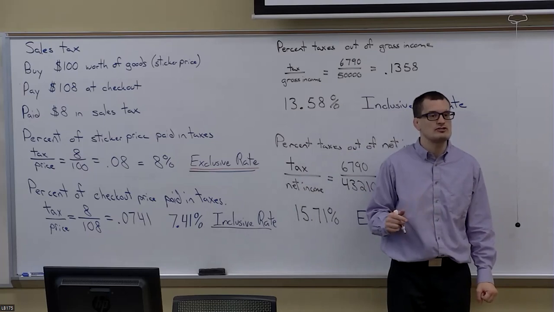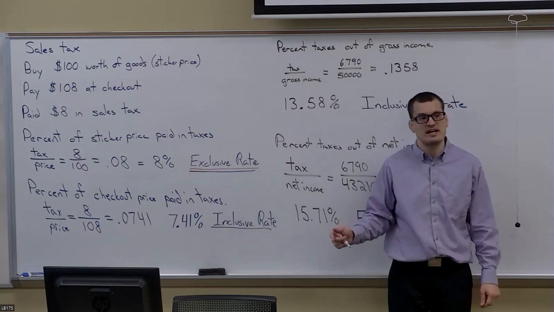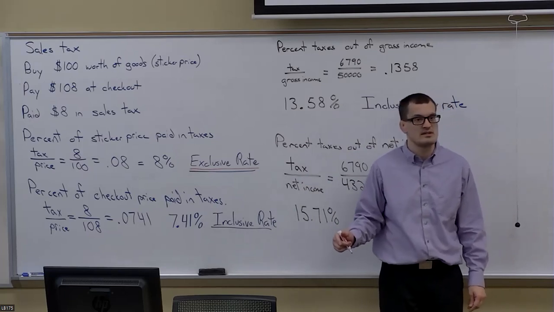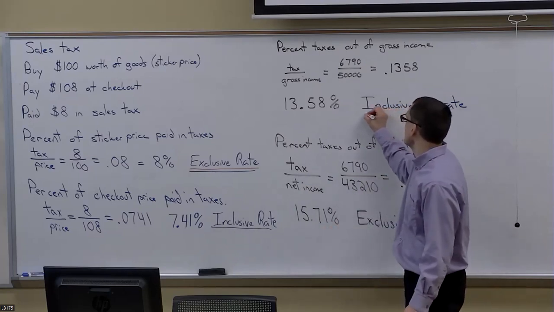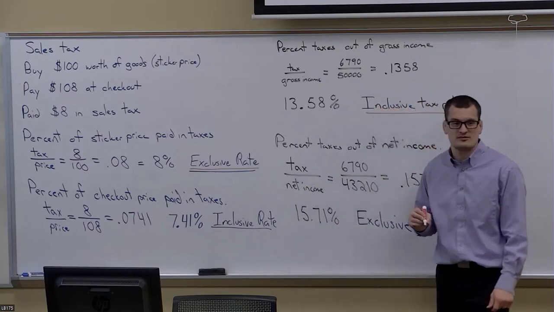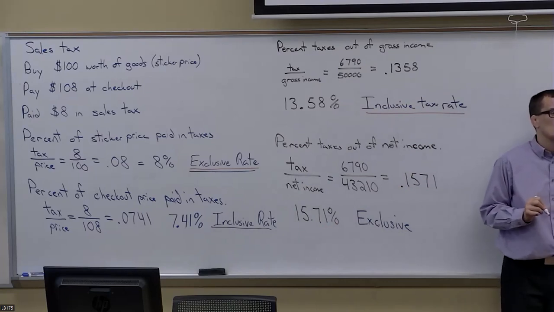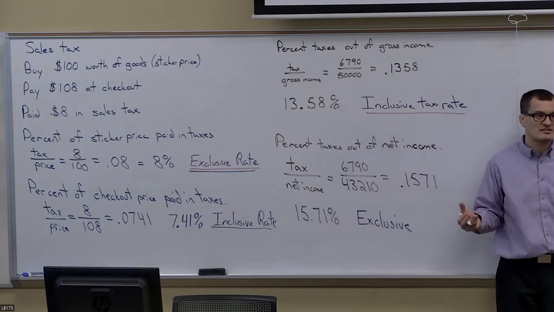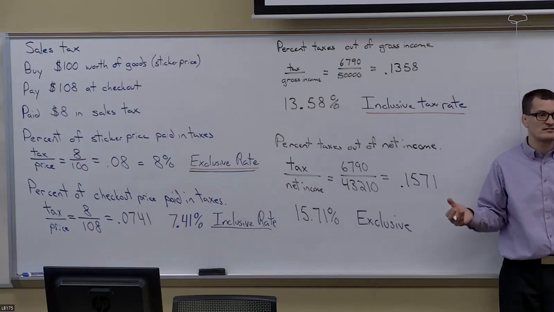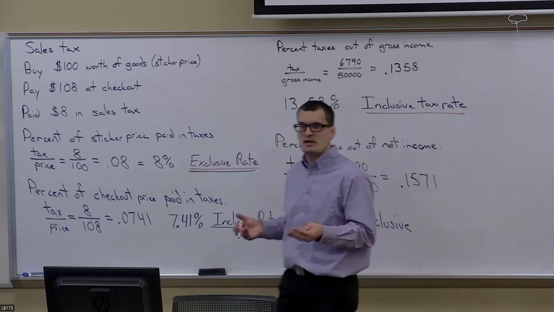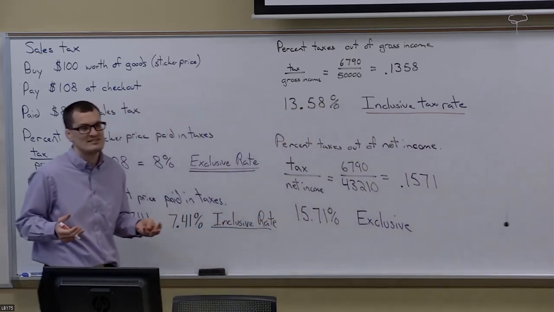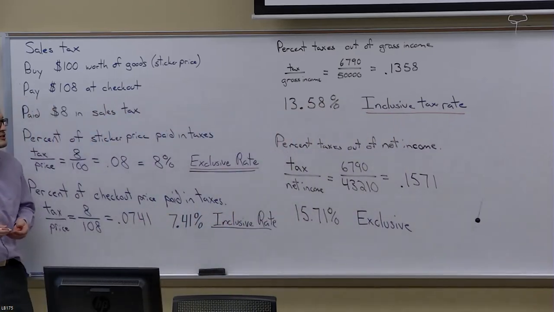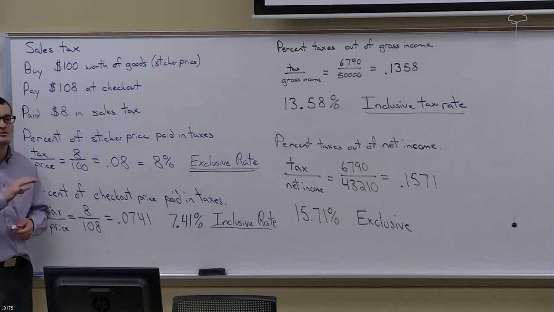If I told you Michigan has a 10% income tax rate, that's actually an inclusive tax rate that gets published. So when you're comparing sales tax percentage rates to income tax percentage rates, you're not actually comparing apples to apples. You're comparing an exclusive to an inclusive rate.